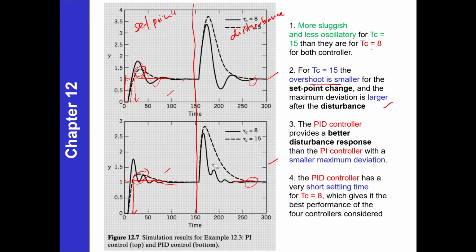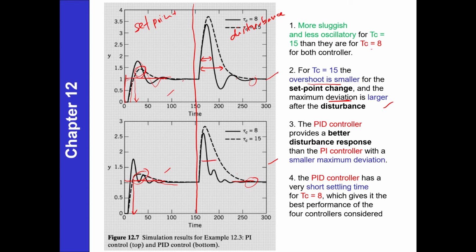Okay, so we can compare this area for the dashed line, which is tau c equal to 15, with this one, which is smaller. This is the deviation, the same for both controllers.